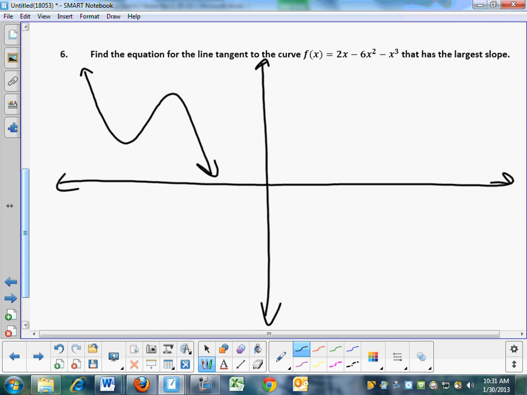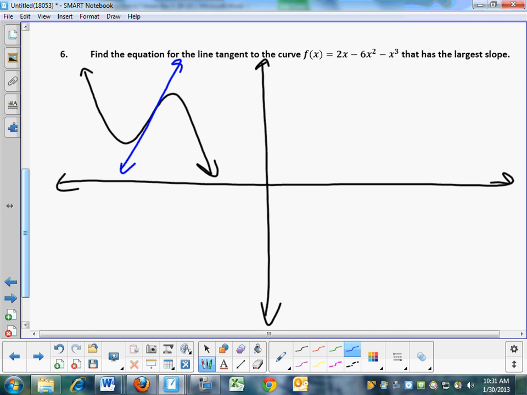So you can tell that if it said the smallest slope, you would say, yes, negative infinity. The slope would approach that. However, in this situation, would you guys agree that the largest slope would probably be right about there? That's the point where it's most positive.